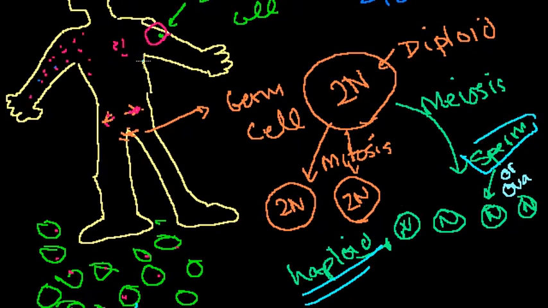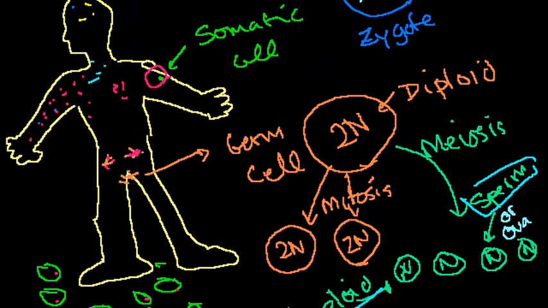But everything else in our body, all of our somatic cells, are diploid, which means they have the full complement of chromosomes. They all have a copy of our DNA. And that's why DNA testing is so interesting, because you can get any cell from someone anywhere, and you have their full complement of DNA. You have all of the information that describes them genetically.